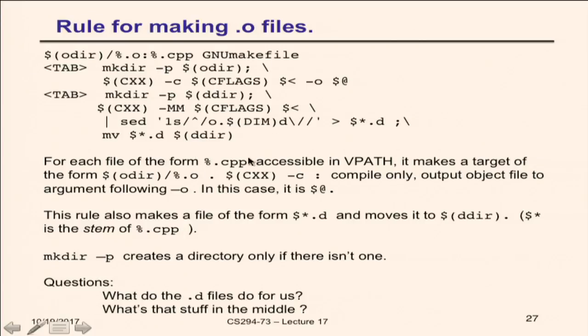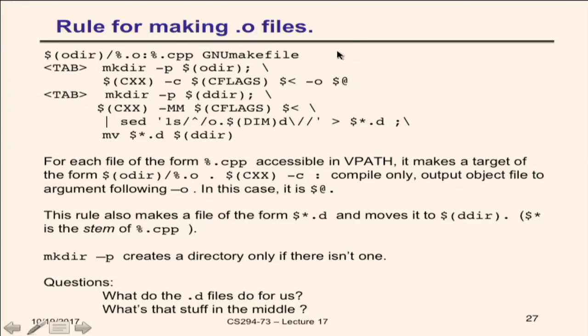So for each file of the form %.cpp, accessible to it in vpath, it knows how to make, this is the rule for making a target of the form $odir.o slash %.o. Now, I'm using CXX -c, compile only, output object file to the argument following -o. In this case, it's outputting to this thing here.